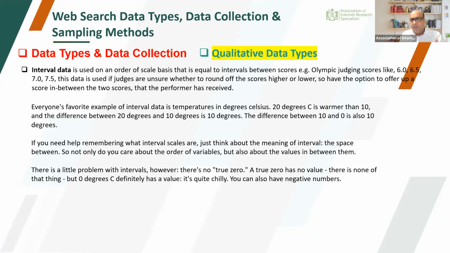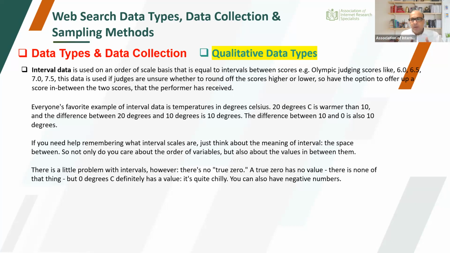So, as an example, there could be a score of 6.0, 6.5, 7.0, 7.5 in an event. Like it could be a diving event, right?